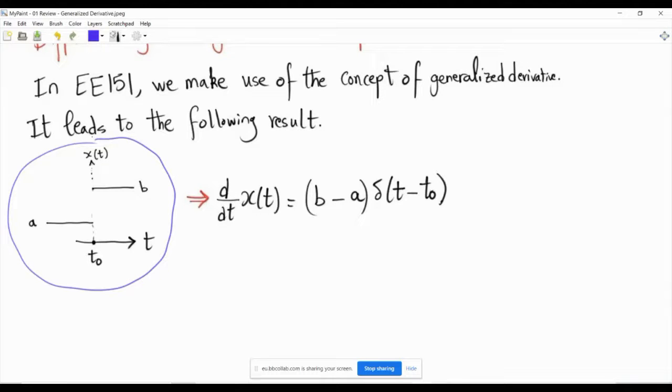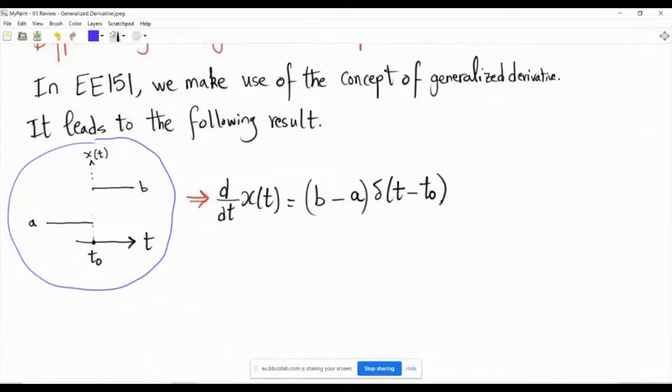However, in signals and systems, we will actually say that the first derivative of this function, away from t0, is equal to 0, right, because it's flat on both sides. But there is a jump, so we will take the derivative as if it's giving us a Dirac delta at the location of the discontinuity.